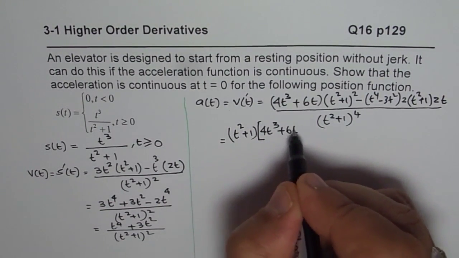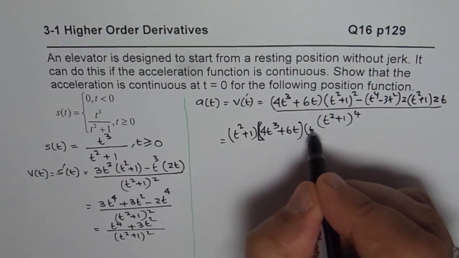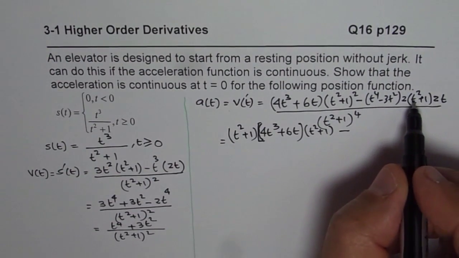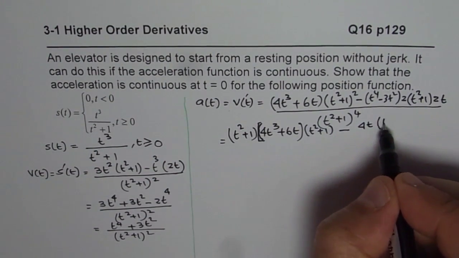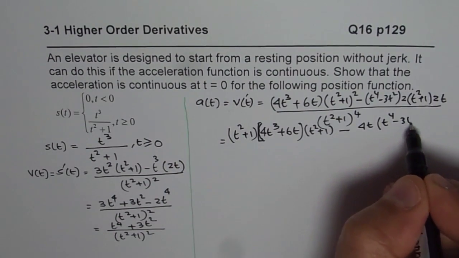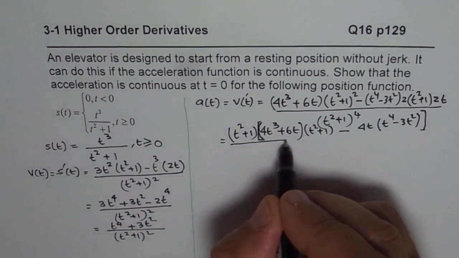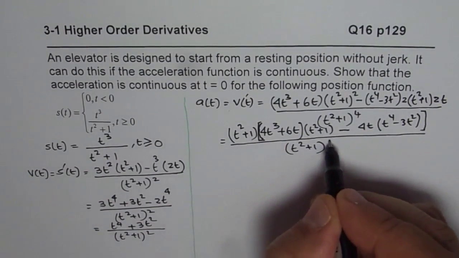Then plus 6t times t squared plus 1, minus 4t times t to the power of 4 plus 3t squared. That is the numerator, divided by t squared plus 1 to the power of 4.